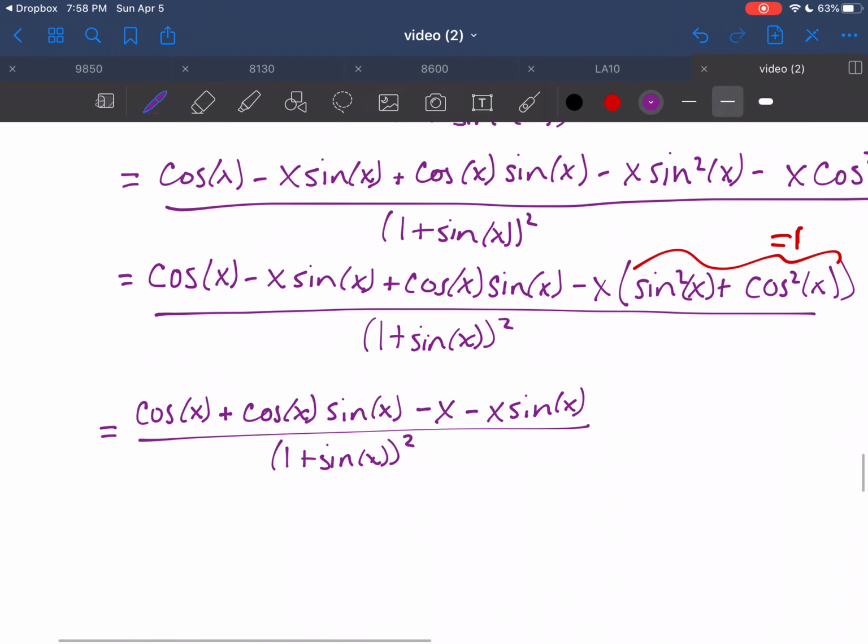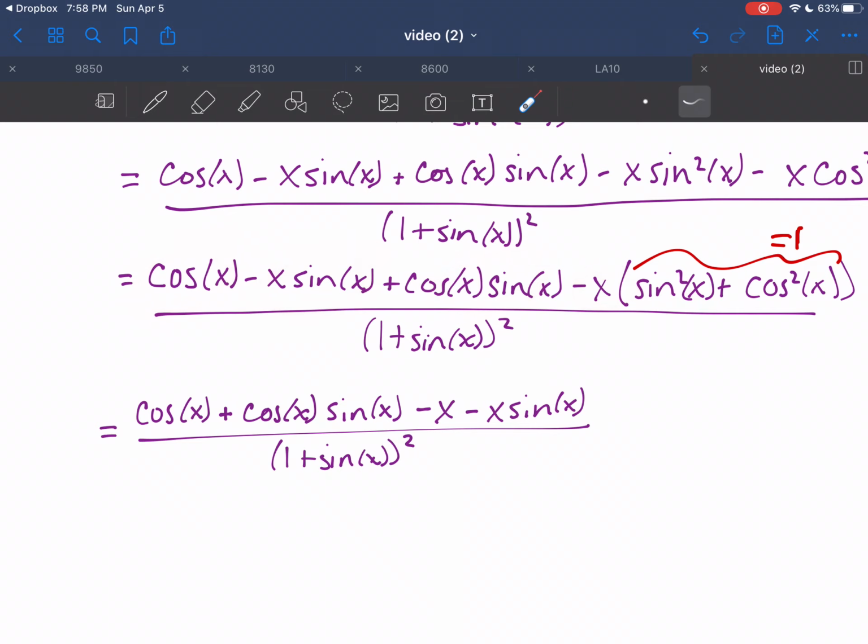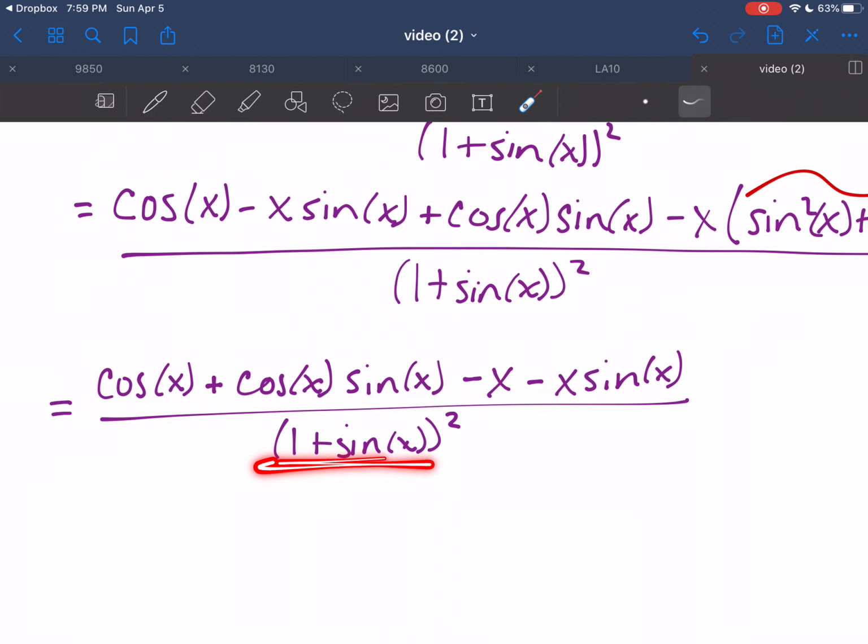Okay, all I did was take that sine squared plus cosine squared to 1, and then I regrouped these pieces. Okay, now when I'm looking at it, I can say, okay, if I can get a 1 plus sine term in both of these, then I can factor it out and cancel. And what do you know? I've got a cosine in both of these, so I can factor that out.